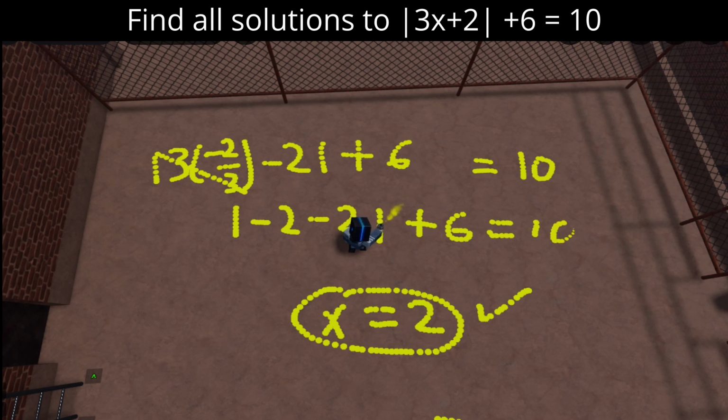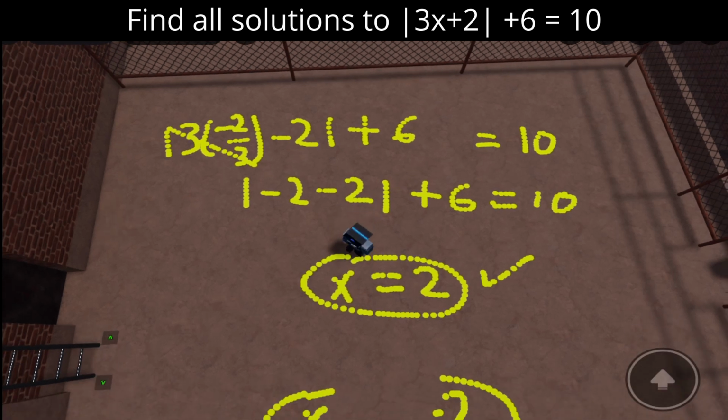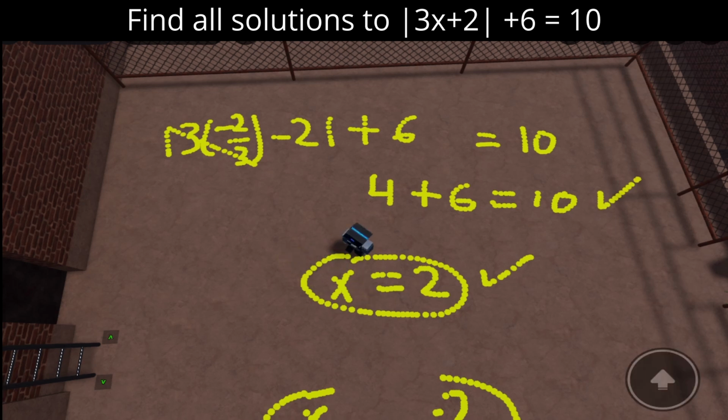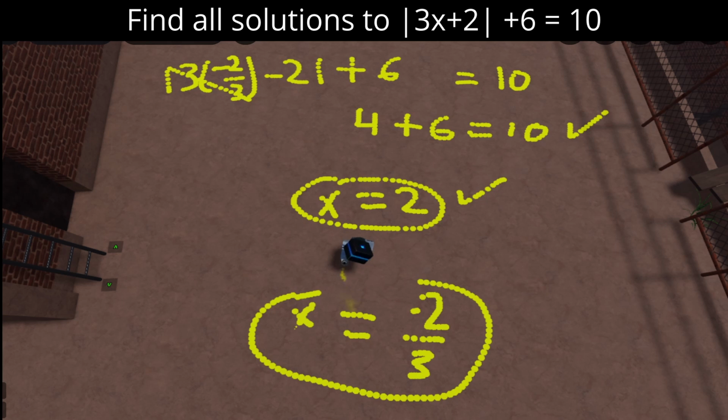And is that a true statement? Well, minus 2 minus 2 is just minus 4. And then minus 4 in an absolute value sign becomes plus 4. So I have 4 plus 6, is that equal to 10? Of course it is. So this means that we verify that x is equal to minus 2/3 is also another valid solution to this equation. So it's always good to check your answers at the end whenever you're dealing with absolute value problems.